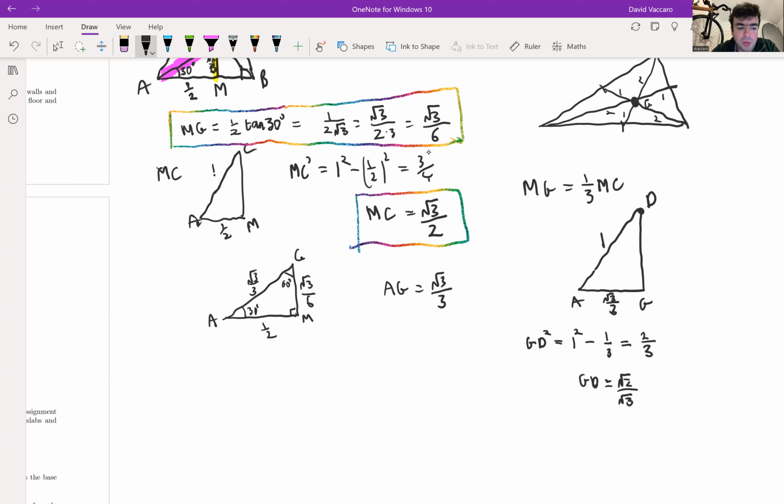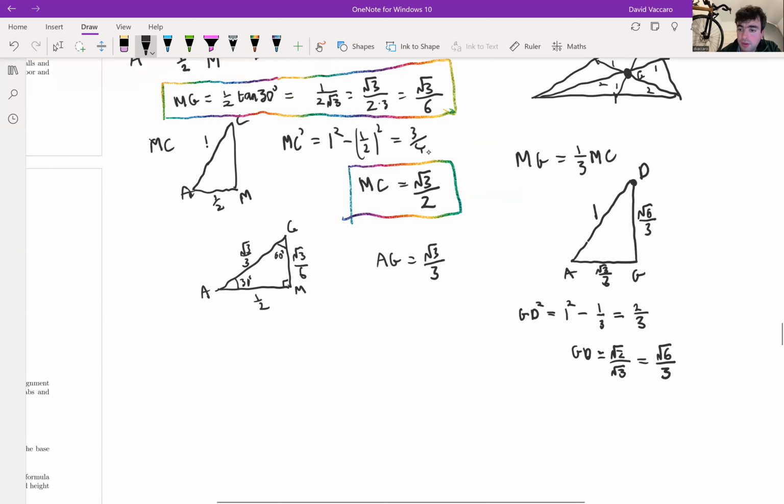And if we multiply top and bottom by √3, we get that GD is √6 over 3.